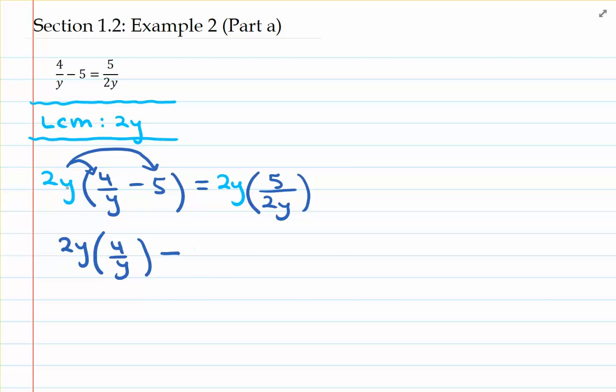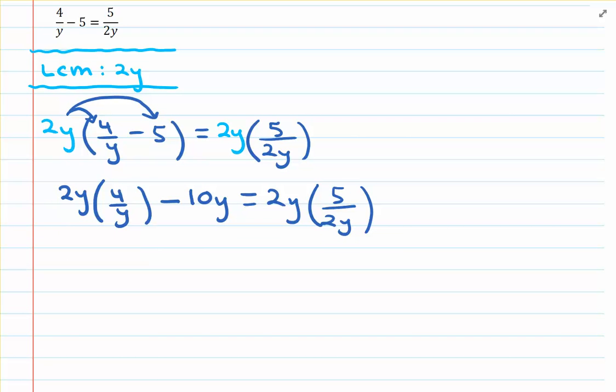And when I multiply 2y to negative 5, that's going to turn into negative 10y. So here's the minus sign for the negative there, and then 10y. Now I'm going to leave the LCM in front of the fraction that's on the right, so that we can see the advantage of using the LCM to help us solve this equation.